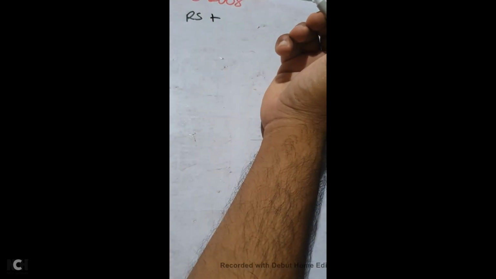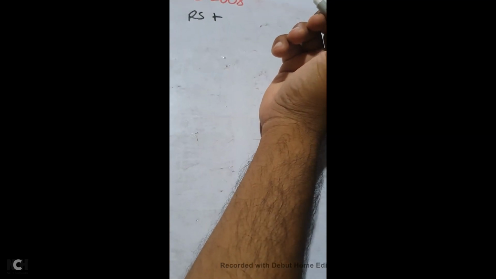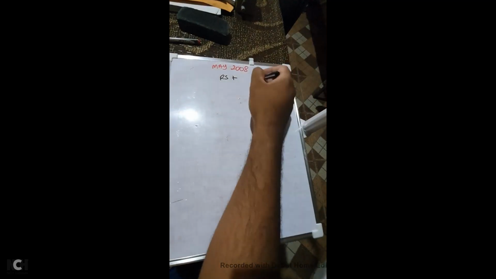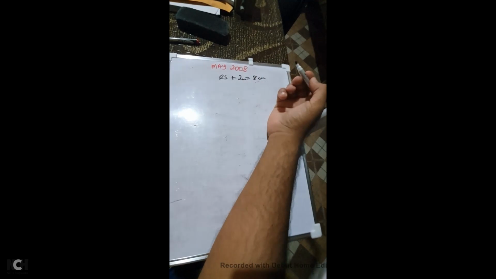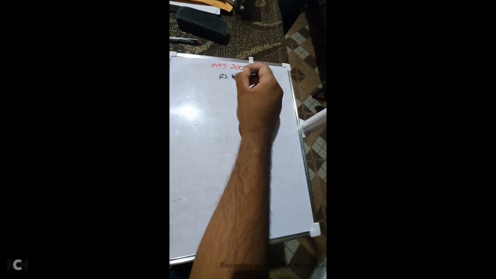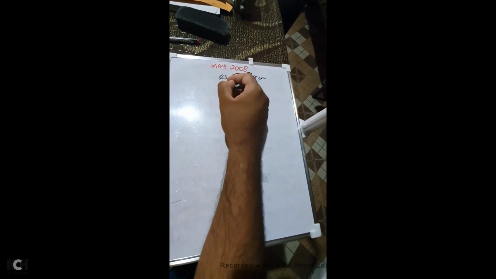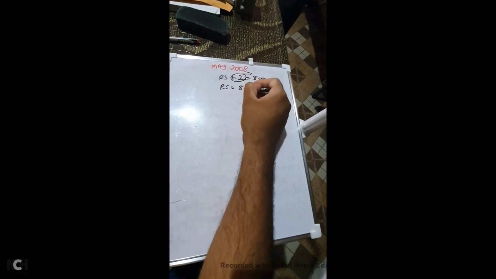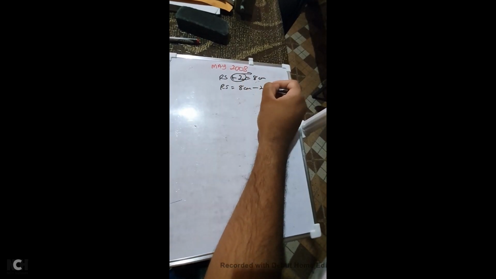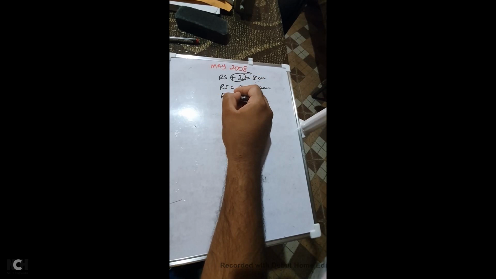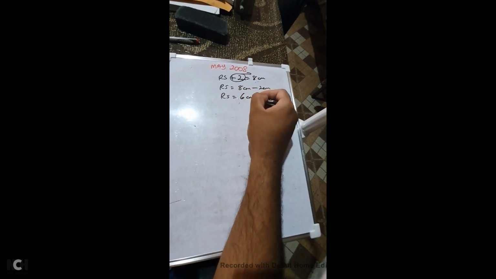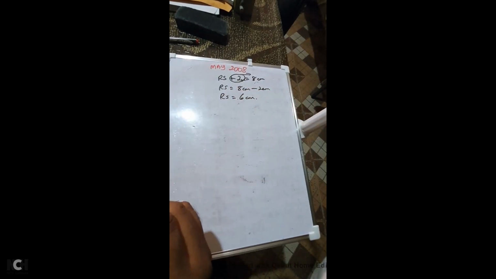So RS plus 2 is equal to 8 centimeters. If we have to find RS, all we simply do is take this positive 2 and carry it across. So RS is 8 centimeters take away 2 centimeters. That means that RS is 6 centimeters, right?